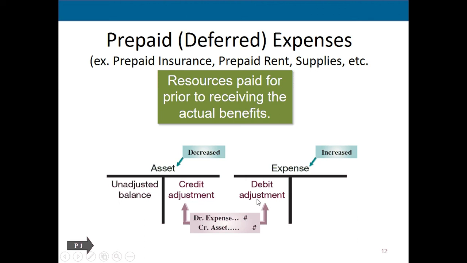How I do that is that I debit the expense, and that makes sense because expenses increase by debits because expenses reduce equity, right? I know that that's probably still hard. So the expense account itself gets increased by $100, and the credit side is going to be that asset, thereby decreasing that asset.